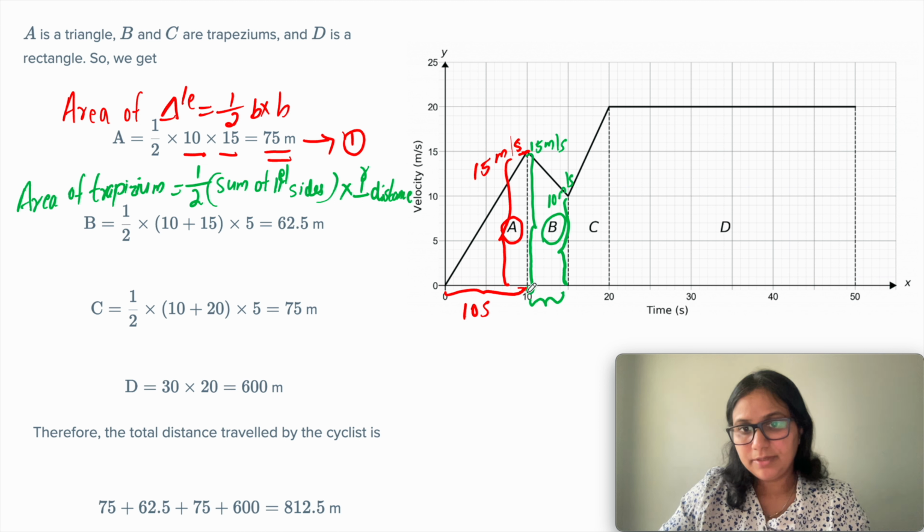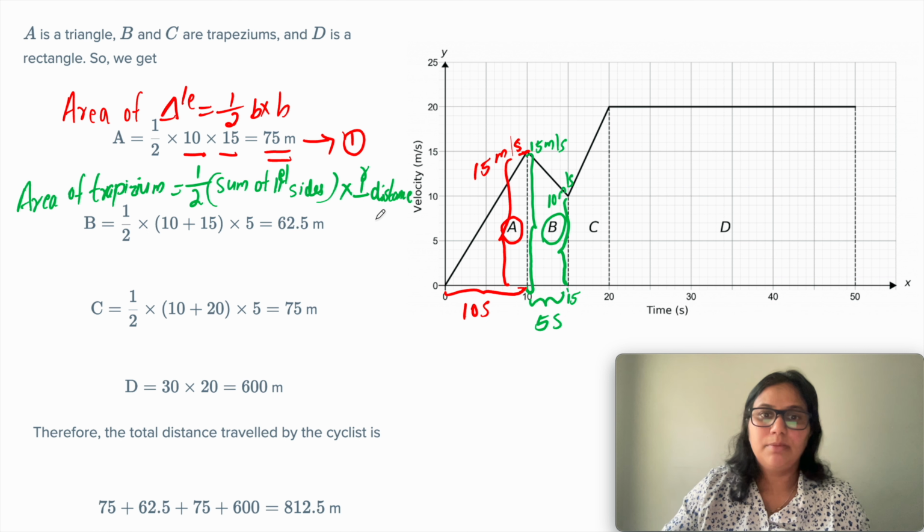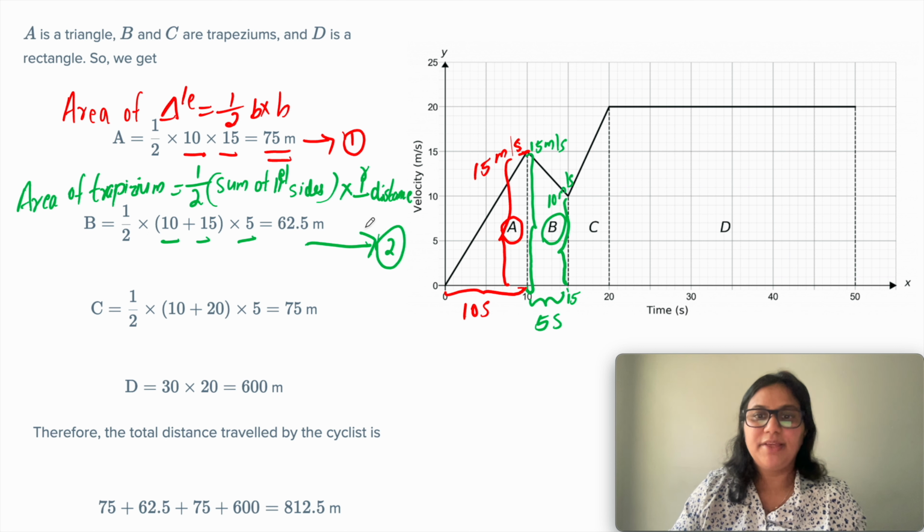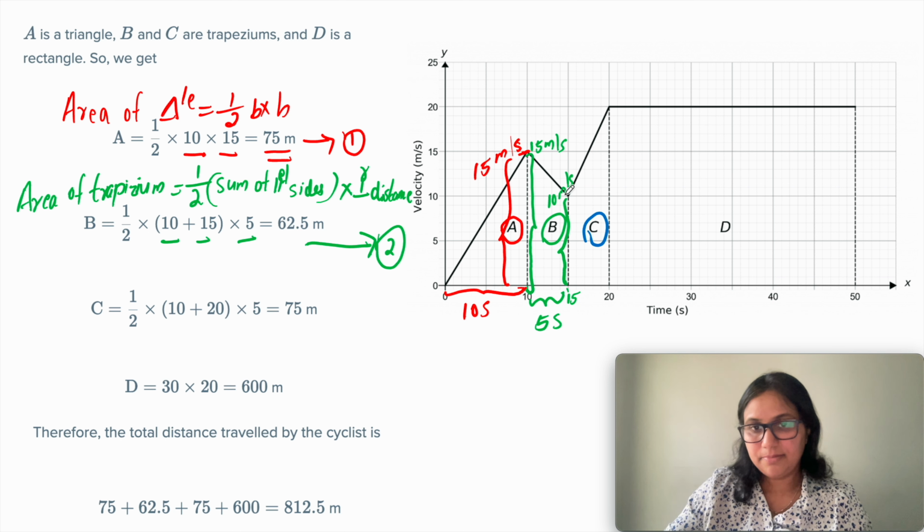So it is the middle of 10 and 20 seconds. So this will be 15 seconds. So the difference between 15 minus 10 will be 5 seconds. So the perpendicular distance is 5. Sum of parallel sides is what? 10 plus 15. So if you calculate, you get it as 62.5 meter.